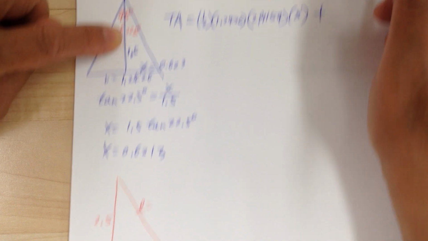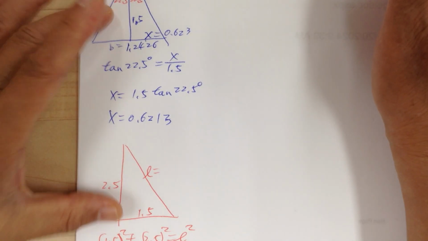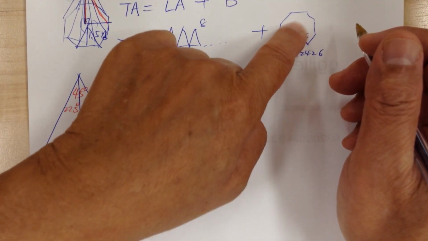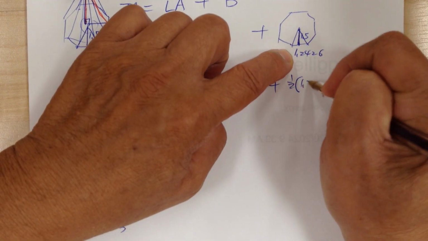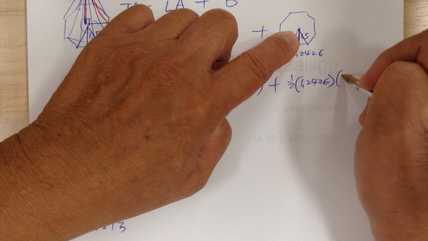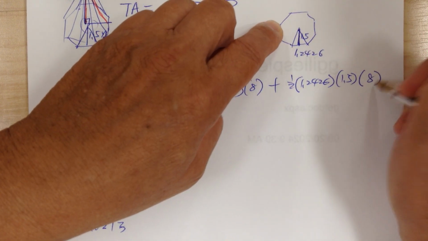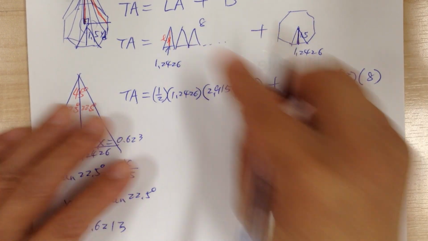So this is the base, this is the side. So to figure out the area of the octagon, you have to figure out the 1/2 base times the height, and you have 8 of them. So again, this is the base, this is on the bottom, this is on the side.